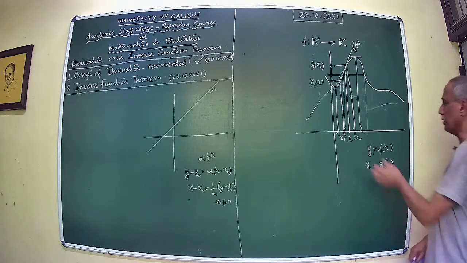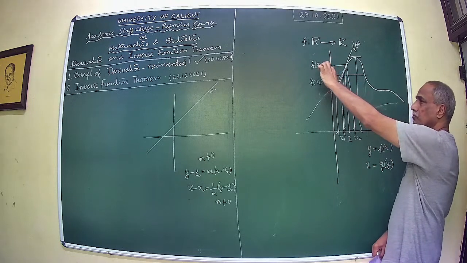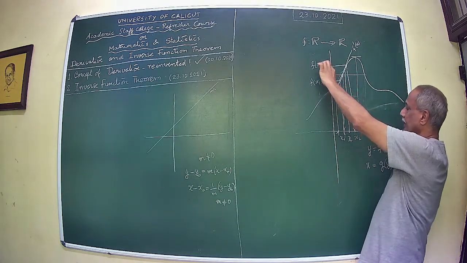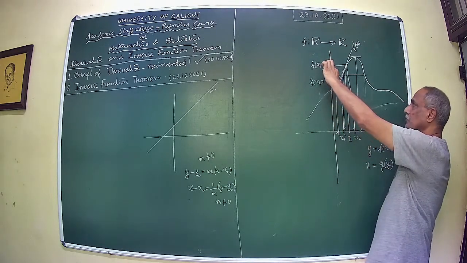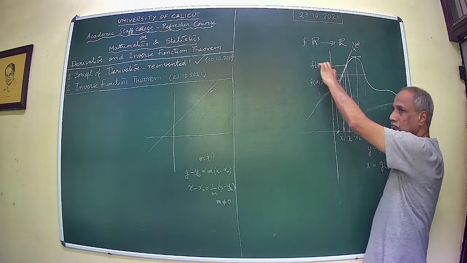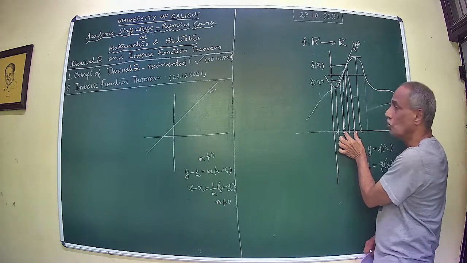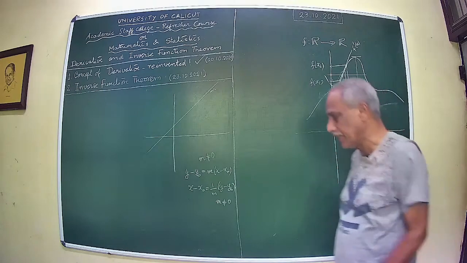So here you have an open set U, here you have an open set V. So you can claim that there exists an open set U here, and an open set V in the range such that f is a map from the open set U onto the open set V.